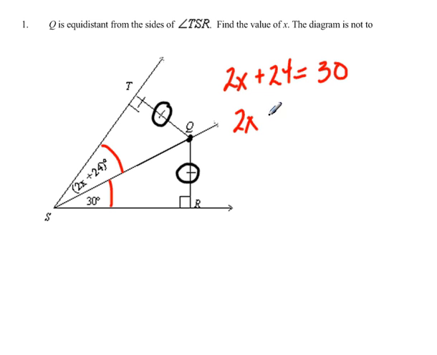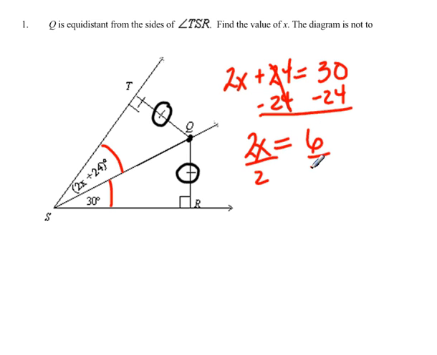So we have 2x, I'm sorry, back up. I guess I need to show. We have to subtract 24 from both sides. 2x equals 6, dividing, x is equal to 3. So that's all it asked us to do, is solve for x.